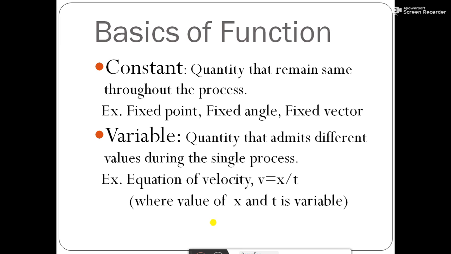If you are doing a single process, you may have different values for a single question. If you are finding velocity in any process, then velocity may vary with time. So different time values will give you different velocity values. It means our answer will be variable, whereas in a constant, the answer will be constant throughout the process.